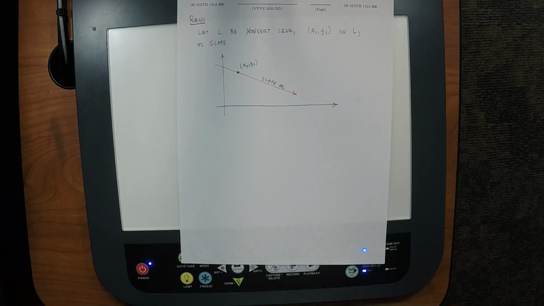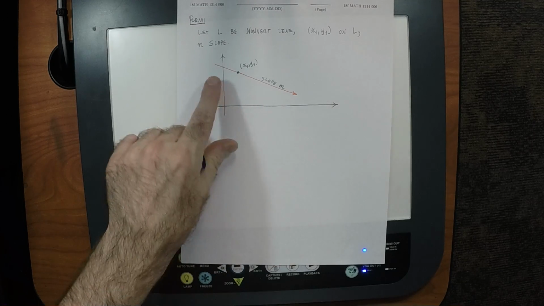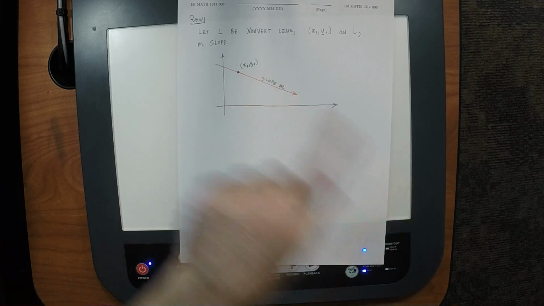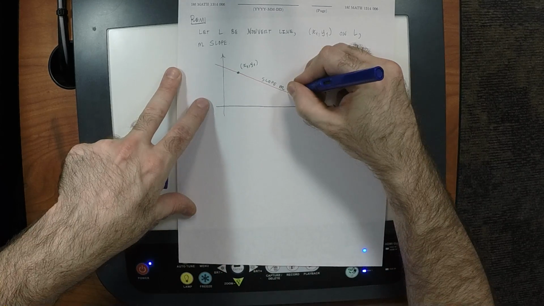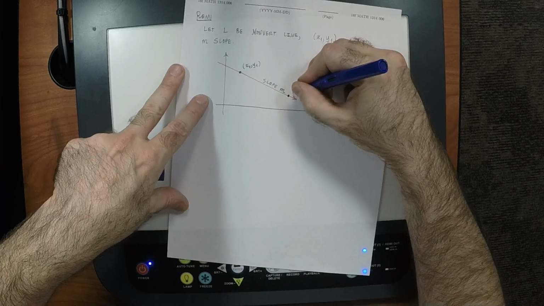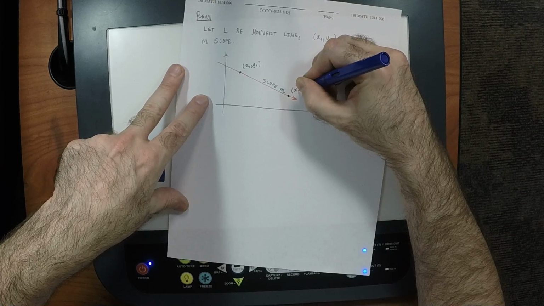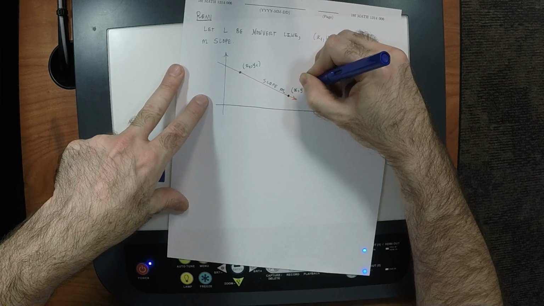Now, what I'm going to do is choose any other point whatsoever besides x1, y1, just any other point. And since it's generic, I'm going to call it just xy.